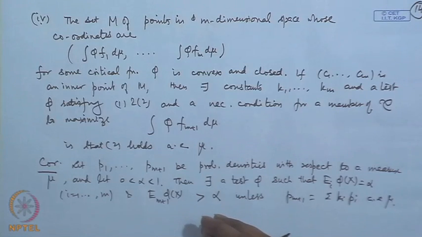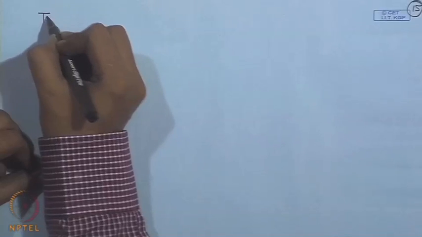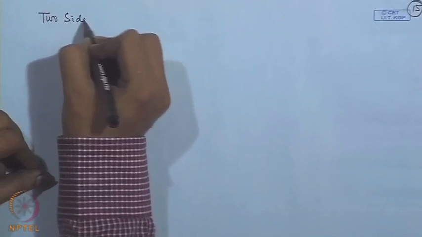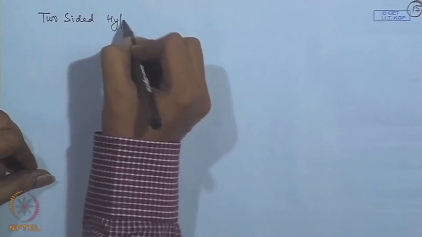So, this will actually give the solution to more general two sided null hypothesis testing problems. So, we have the following result then, that is, if I am considering two sided hypothesis.